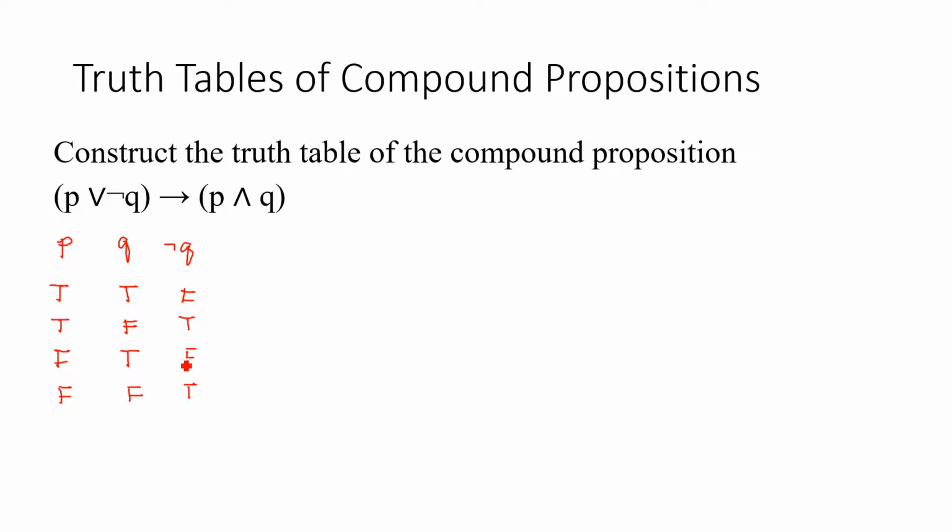Then P or not Q: if the first is true and the second is false, then it is true. True and true is true. False and false is false. False and true is true.